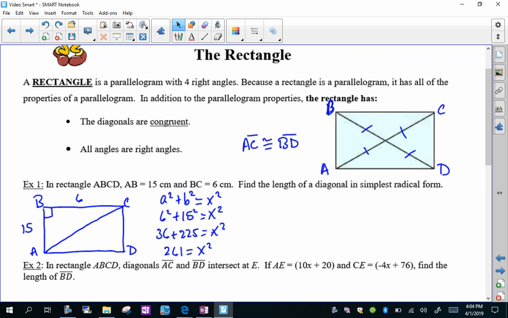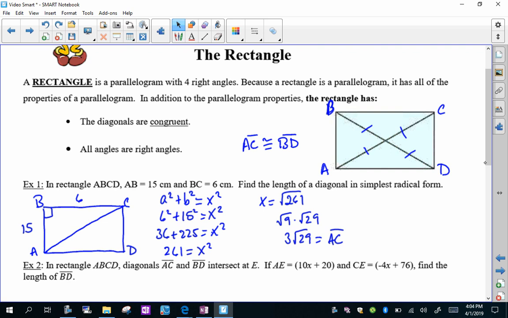So that's going to be x equals the square root of 261. I got to think of some perfect squares that go into 261 that multiply together. Well, that's going to be the square root of 9 times the square root of 29. So I simplify that, and I get 3 square root of 29. That equals AC.